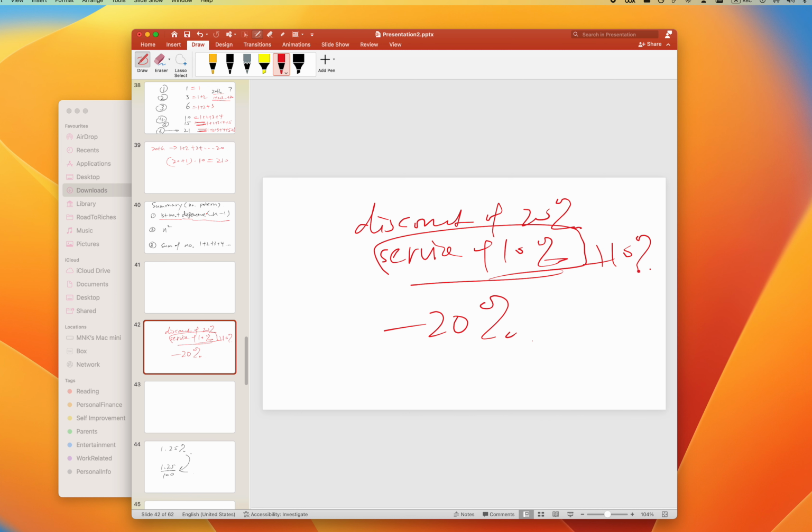Okay? So, if you are asked to write what's the service charge, you write 10%. What's the discount? You write 20%. But in actual number, when you put inside the calculation, you put plus 10% and you put minus 20% during the calculation.